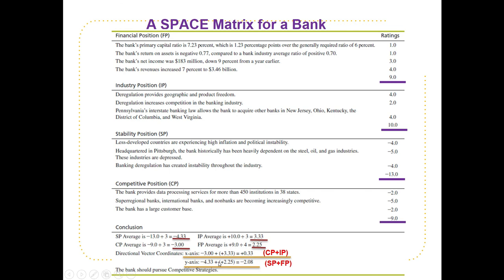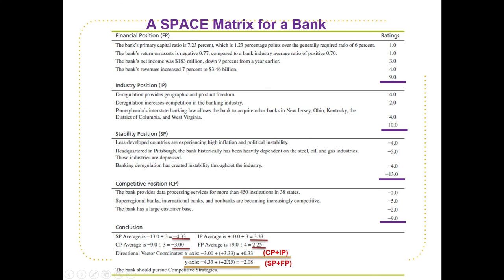Your x-axis is your CP and IP. After determining the average of your CP, that is negative 3, you add it with the average of your IP, that is positive 3.3, to determine your x-axis.